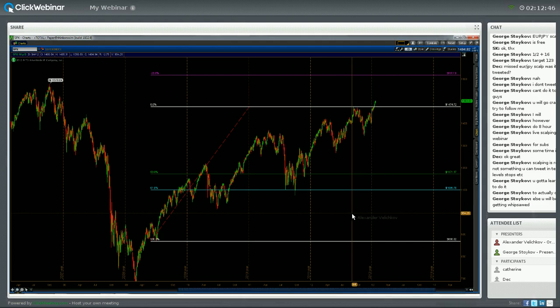What George is saying is we're seeing a break of shorts in the dollar Swiss. It's trying. We still haven't broken them. Sorry guys, Euro CHF, the Euro franc. We're seeing a break of shorts. It's trying. The move over there is going to be, I don't know how to explain it, it's going to be crazy.